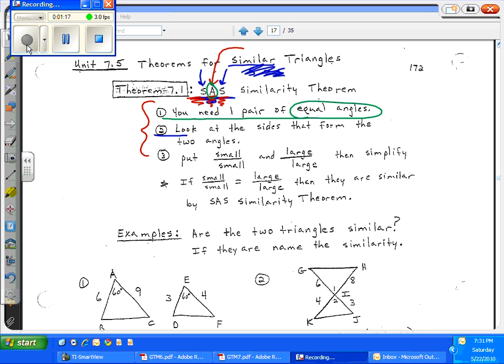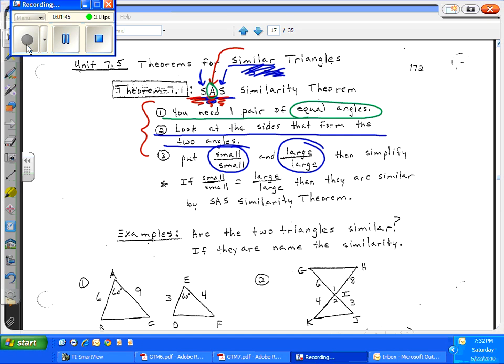So we look at the sides that form those two angles, and we're going to put small over small and large over large. You're not really going to know which one goes with which one by looking, because you can't just say left goes to left and right goes to right. It may be flipped and spun around, but it will be obvious that small goes to small and medium goes to medium and large goes to large.